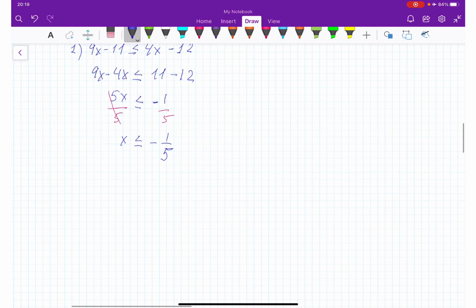So in the form of a graph, since we have an equal sign, it's going to look like this square bracket, because it's less than or equal, so it looks this way. It's going to be negative 1/5, and it's coming this way.